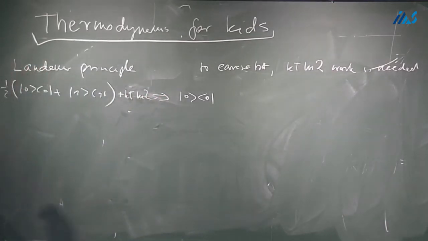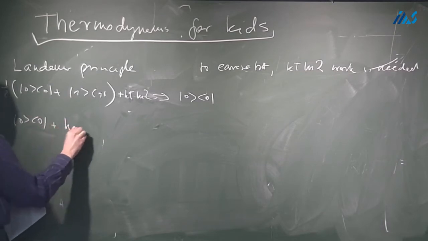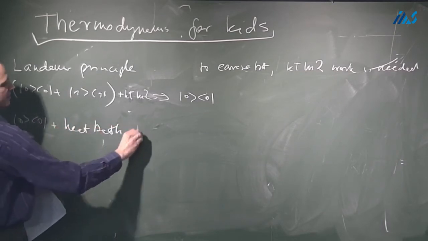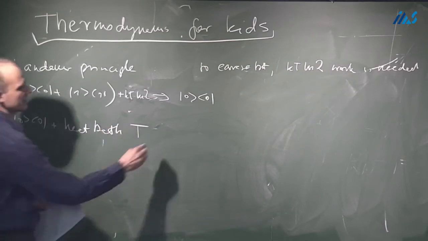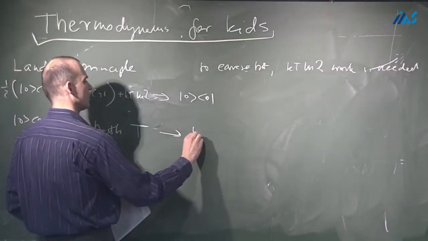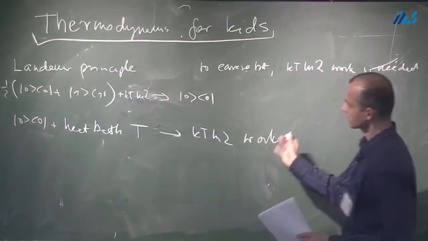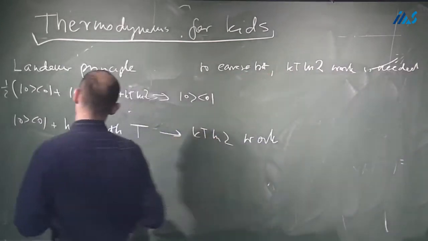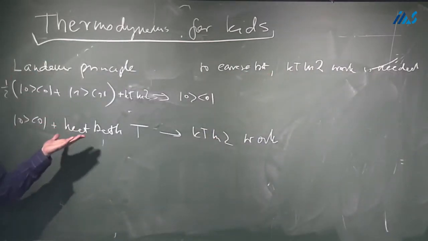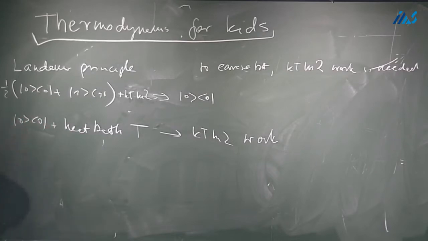But you can also do the converse. So you can say, if I have this, and I have access to the heat bath of temperature T, then I can draw this amount of work. And usually in this old literature developed by Landauer and Bennett, but started with Szilard actually in the 20s, you do it by the Szilard engine, which is a one-molecule engine.